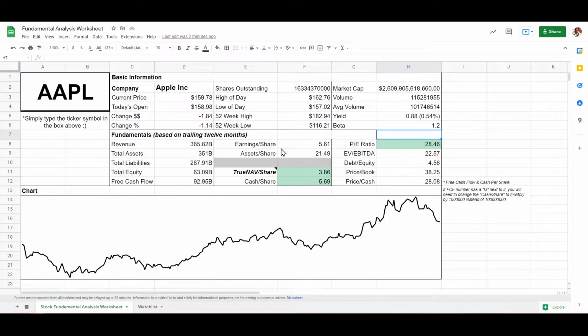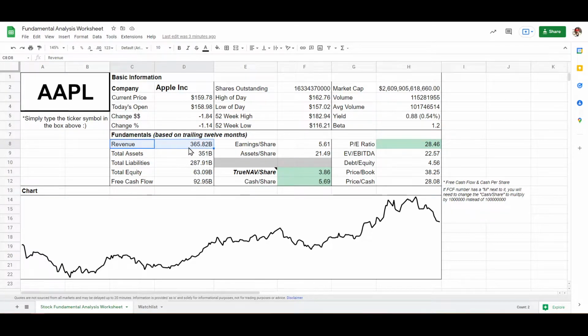So the intent of this worksheet is to help you get rid of a lot of the noise. Not only are we using the trailing 12 months so we don't have to worry about the gyrations quarter by quarter, but we are also only looking at big, broad fundamentals for the overall picture.